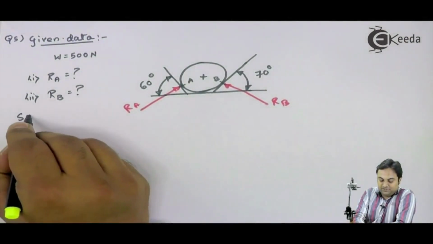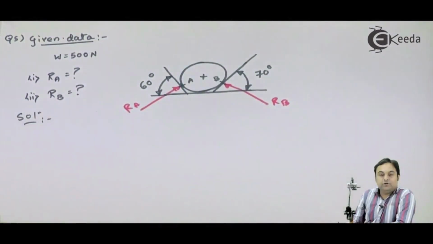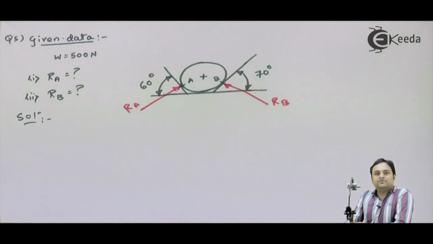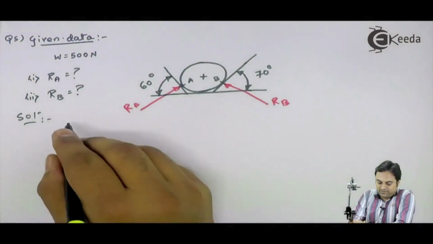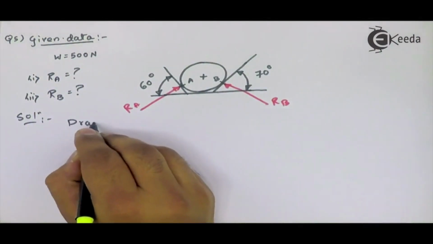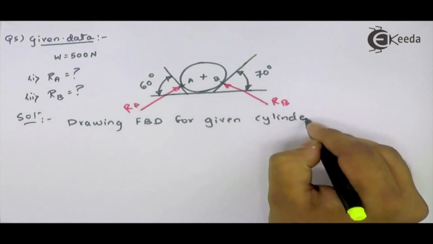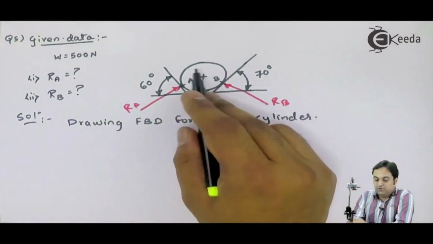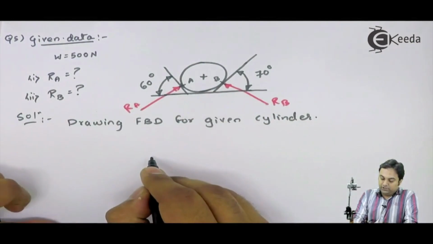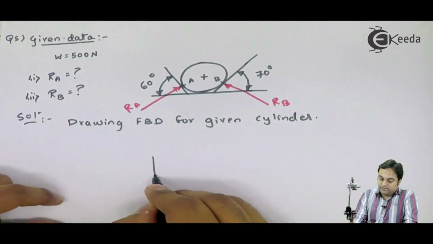I'll write the solution. First of all, as in case of all previous problems, we need to solve FBD. That is, we have to draw the free body diagram first. So I'll say that drawing FBD, the first point is you have to remove the cylinder with vertical load acting downwards.